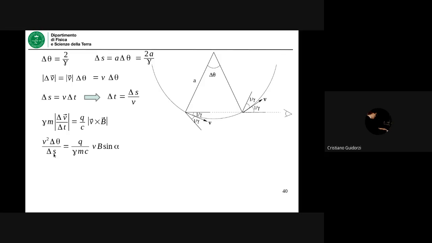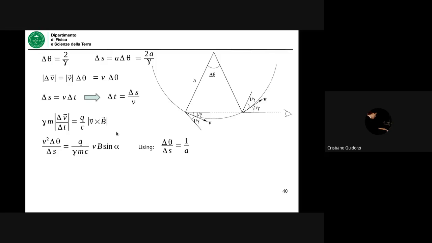Indeed, delta S over delta theta is A, the curvature radius. So v squared over curvature radius is the modulus of the acceleration. In this case, the acceleration is completely perpendicular to the velocity. So you can easily skip all these passages and get straight to this point.